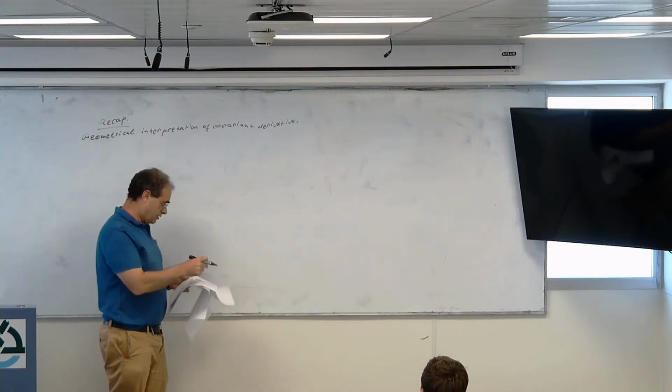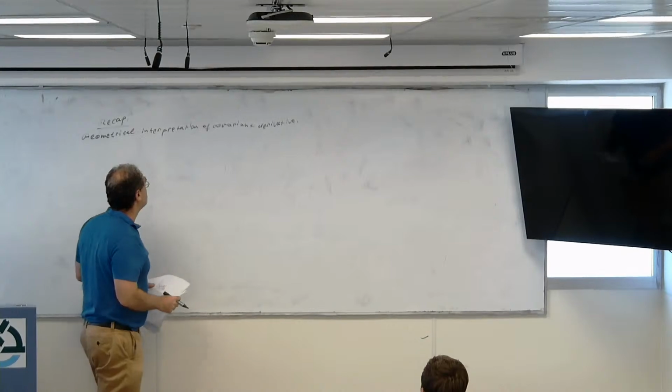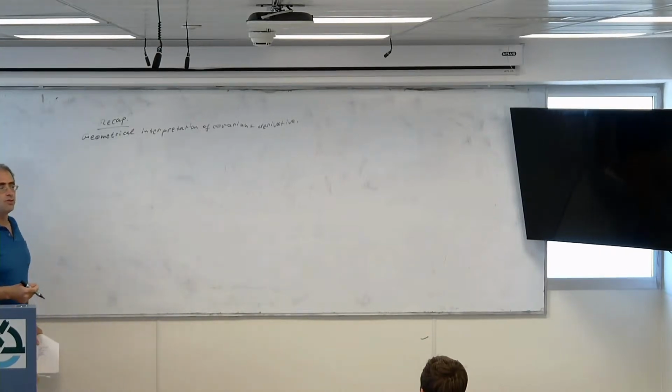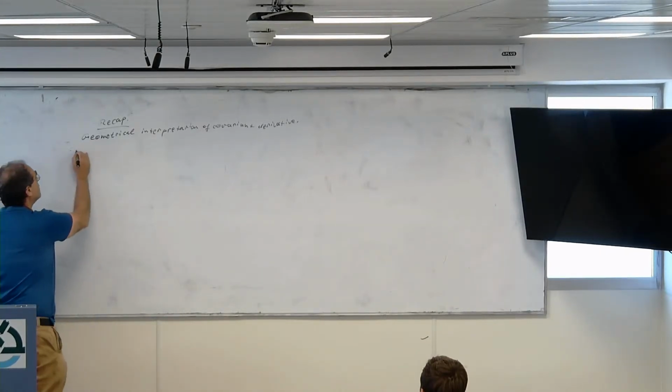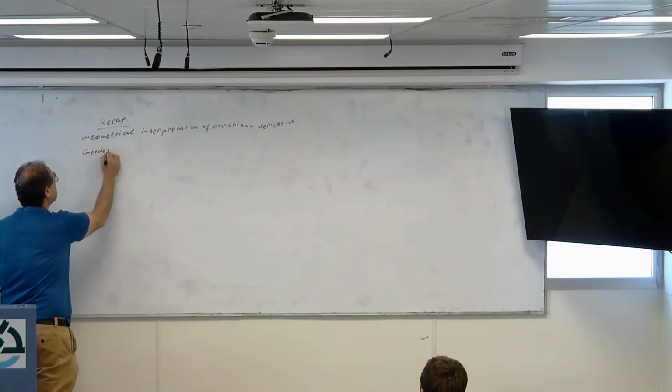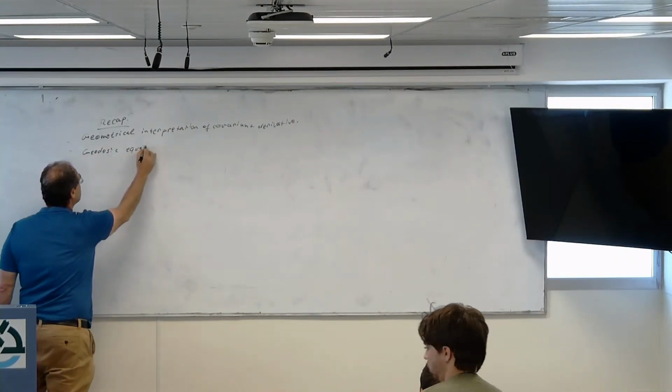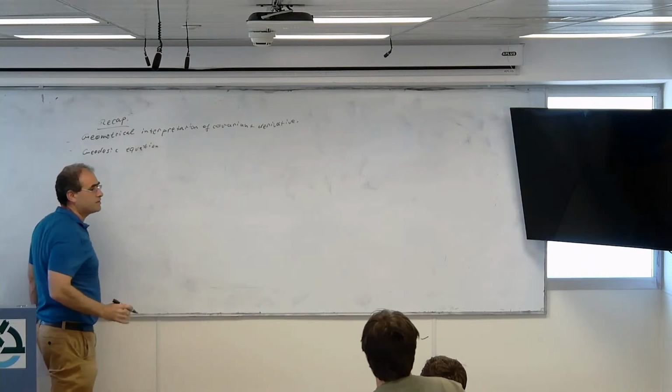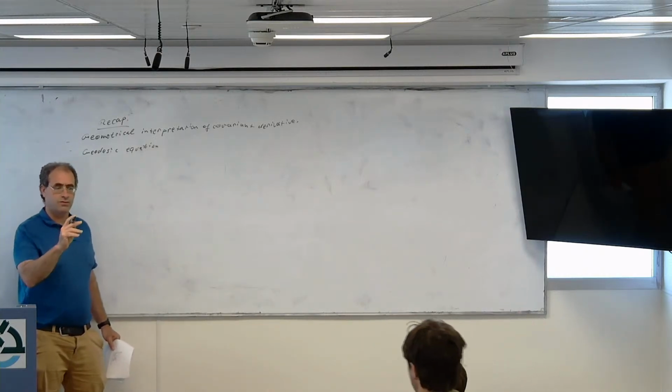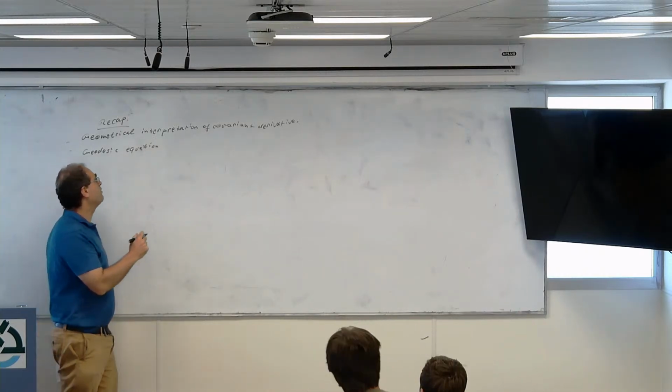Basically, we showed that you can have a different definition of the geodesic equation, as a path whose tangent vector is always parallel to itself.